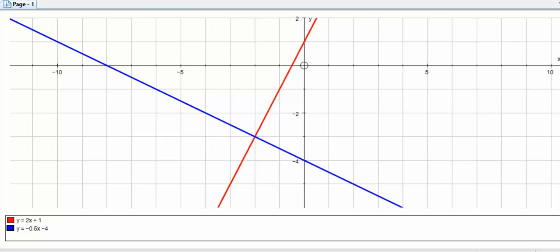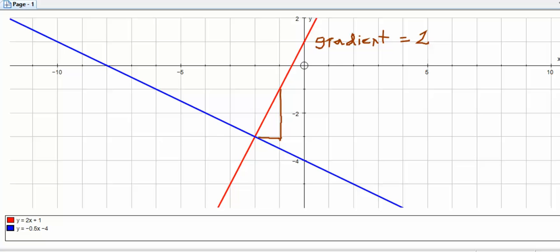These two lines are perpendicular. Now, if we look at the red line, we see that if x increases by 1, y increases by 2. So the red line has gradient 2.